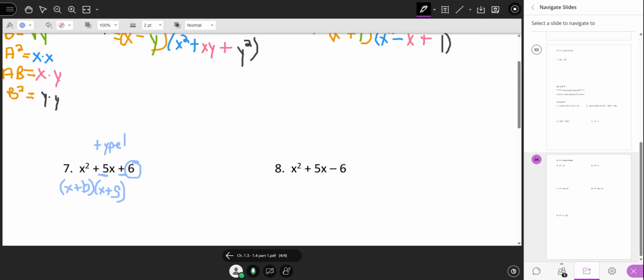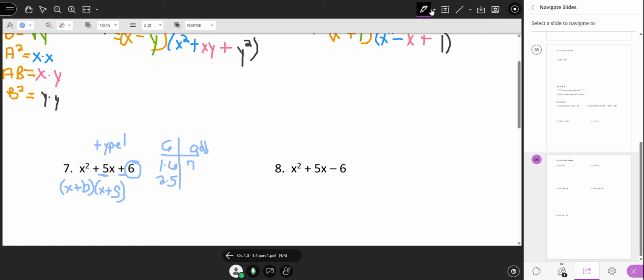Here's how you do it. You make a little T-chart. How can you multiply and get 6? 1 times 6, 2 times 5. 1 times 6 is 6. 1 plus 6 is 7.